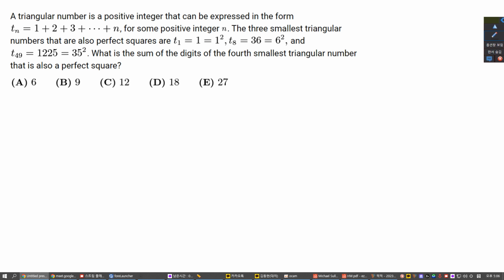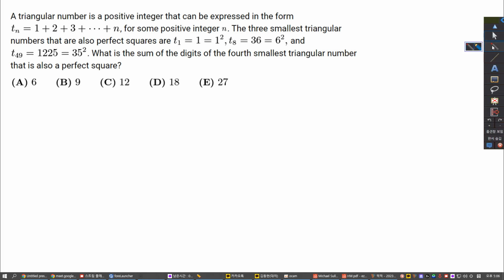So to make the sum of 1 through n, the formula is like this. And this value is equal to some perfect square. So this means n times n plus 1 is 2 times n squared.